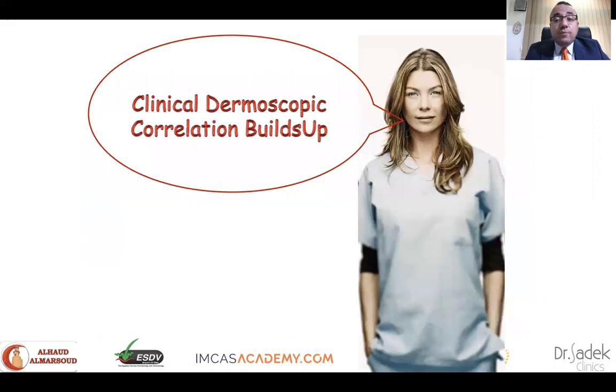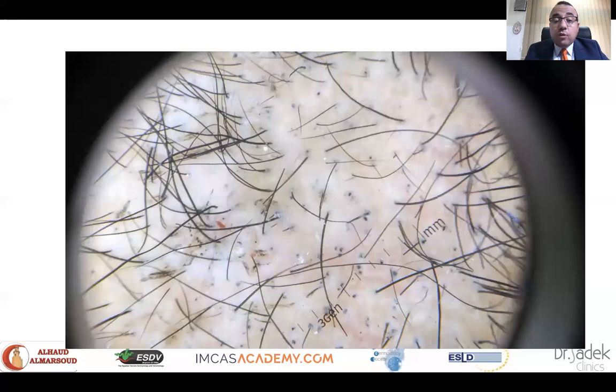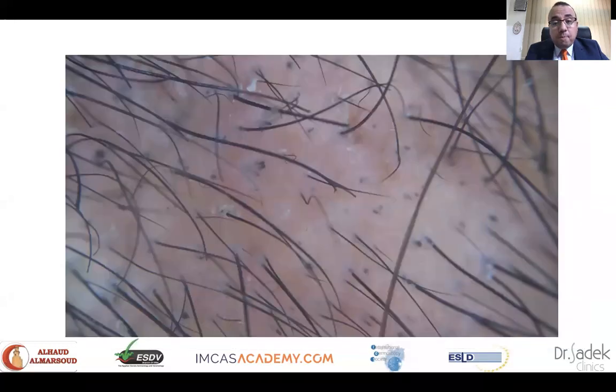In the sixth scenario, sometimes more experienced doctors can help us get to the clinical dermoscopic correlation, which will definitely build up. You remember this lady whom I showed you in the first case in this workshop, and we said she's suffering from trichotillomania for sure, yes. But what about the rest of her scalp?